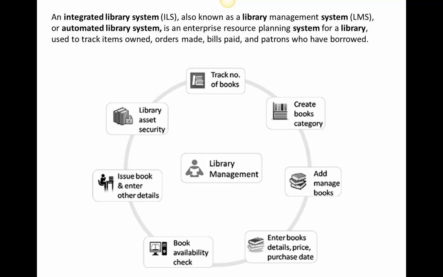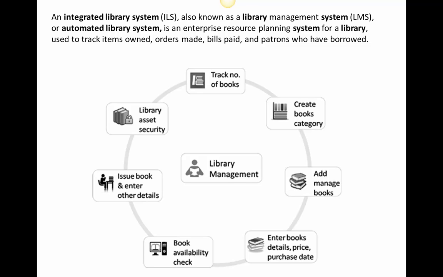However, there's really a lot more to integrated library systems than just the OPAC, or the book availability check, as this slide calls it. So you have your availability check, your OPAC, and your circulation to enter the books in and out. And then there's a number of other things that integrated library systems do, and each of the different things are called modules.